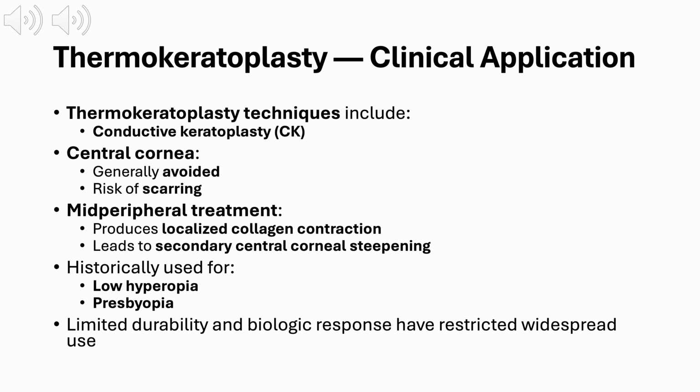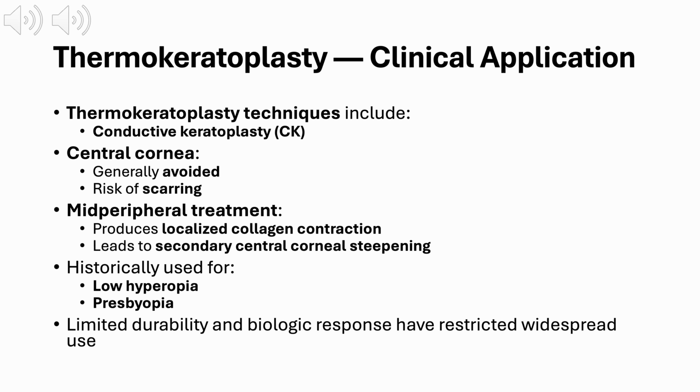Now let's apply that biomechanical concept clinically with thermokeratoplasty. Thermokeratoplasty refers to techniques that intentionally heat corneal collagen to induce controlled shrinkage, and the most well-known example is conductive keratoplasty, or CK. The central cornea is generally avoided in these procedures because direct treatment there carries a significant risk of scarring and visual axis compromise.